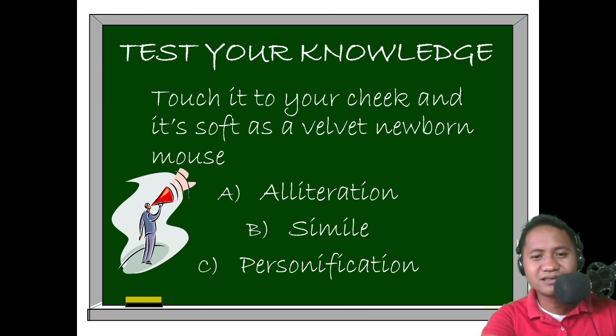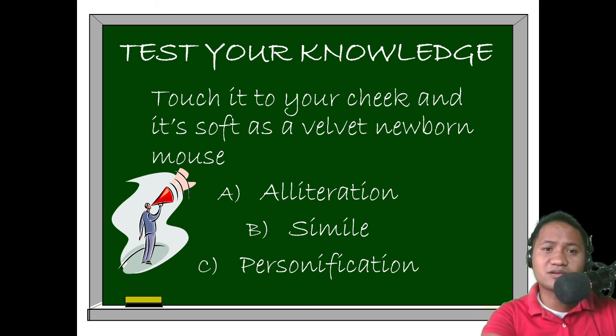A. Alliteration. B. Simile. C. Personification. Pasensya kayo no kung paspas kay daghan-daghan man eh. Then you can pause while watching. And much better kung isulat ninyo ang figures of speech so that you can remember apil ang answer no. Pasensya kayo anak ko na discuss na istorya ganiha. But these are the things to remember lang para nga madumduman gyud nato, ma-master nato ang lesson.